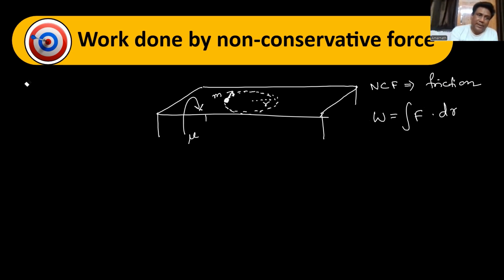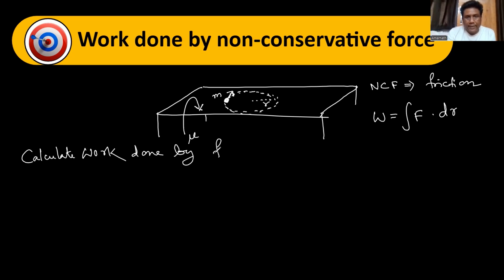You see, let me explain why. Say in this situation, I need to calculate the work done by frictional force. So you see, if you draw the free body diagram, mg is downward, normal force is upward.